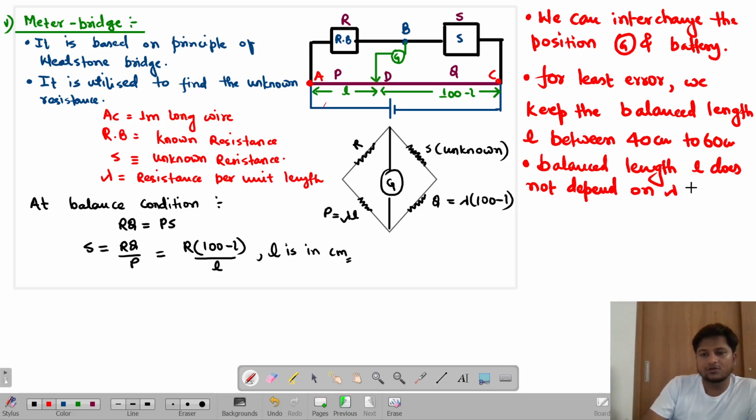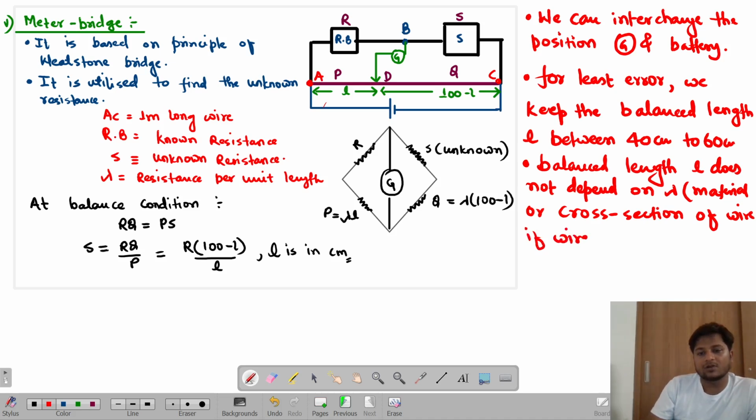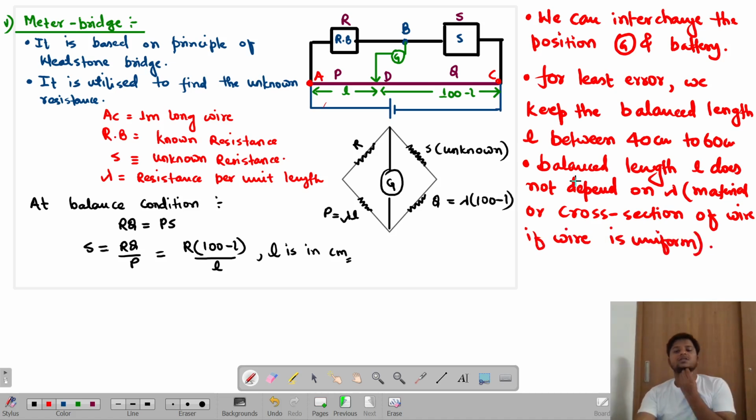So basically, this means that it does not depend on the material or cross section of wire, if the wire is uniform. It will not depend on cross section if the wire is uniform. If it is non-uniform, then balance length will change. Are you able to get me or not? Got it?